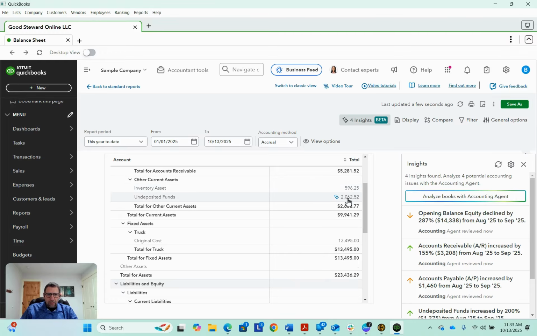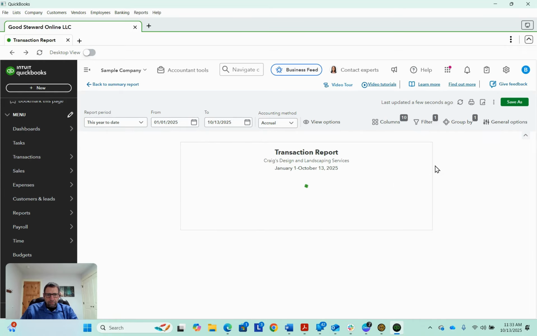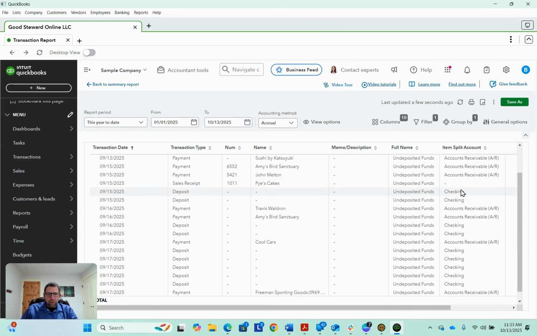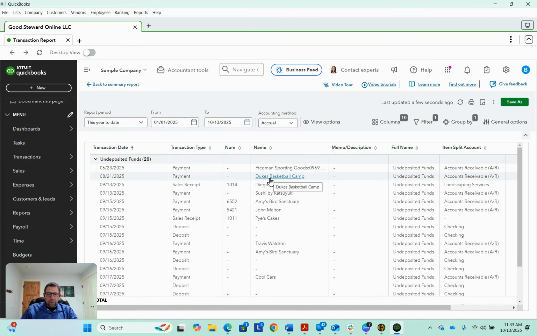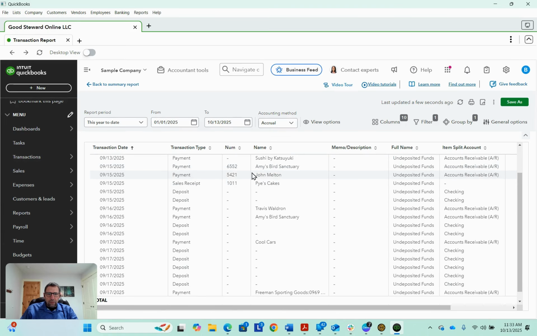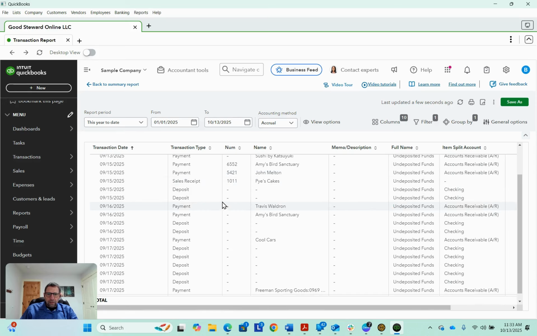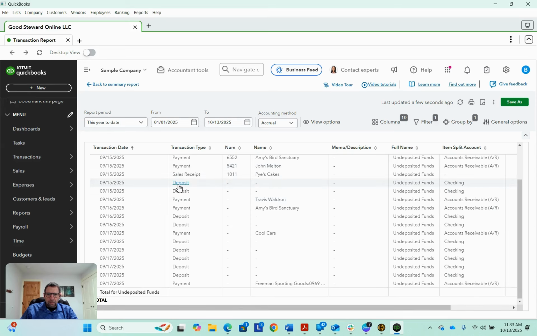So let's just click here in our balance sheet and take a look at our undeposited funds. And this is going to show the transactions and who that money came from. So you can see here we have Amy's Bird Sanctuary, we have John Melton, and we have a deposit made here. Let's click on this deposit and take a look at it.